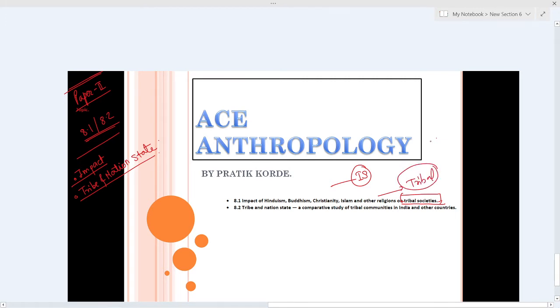If you go and see the mains paper of Anthropology 2020, you will find questions from both the topics, impact on Indian culture or Indian society as well as impact on tribal society, and hence these topics from paper 2 become very important.